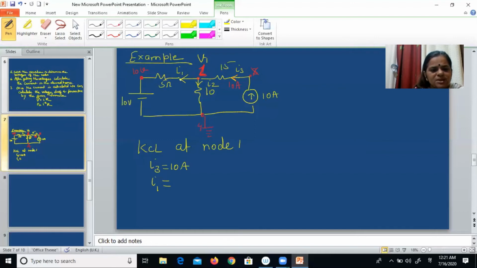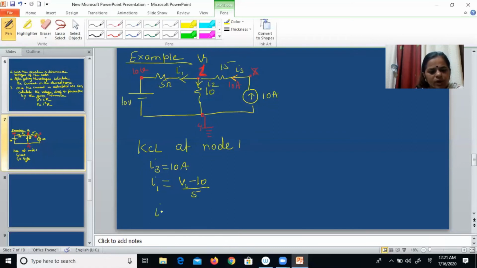Then I1 is the potential difference divided by resistance, so V1 minus 10 divided by 5. Why have I written minus 10? Because the current is going in a voltage fall way.